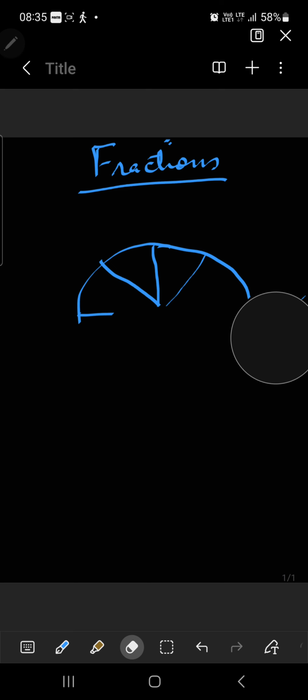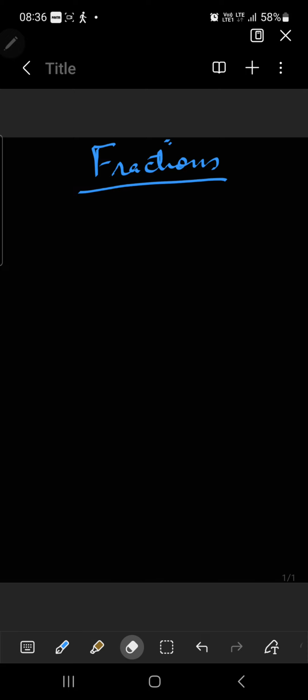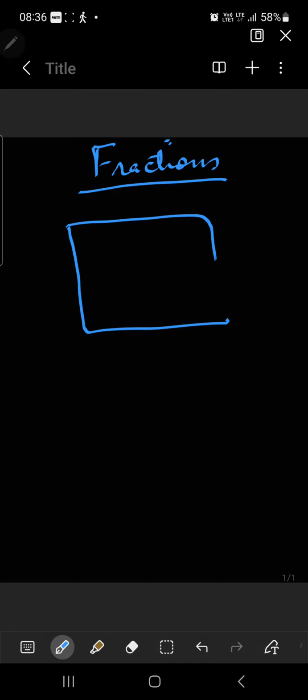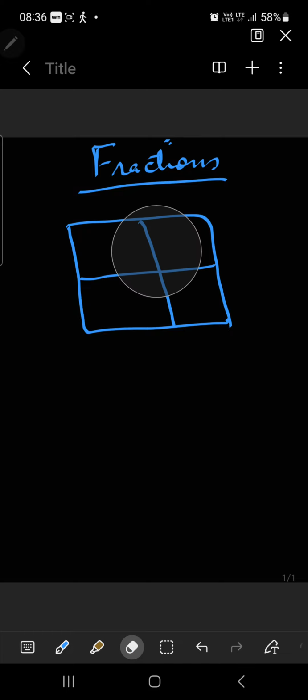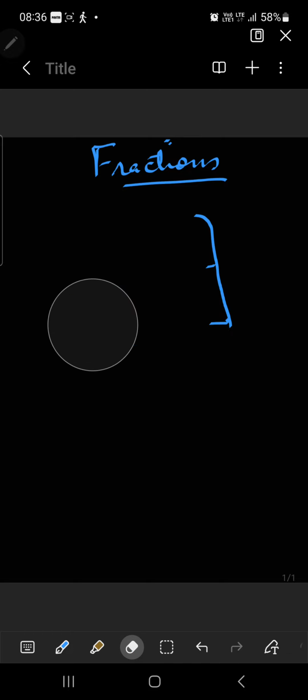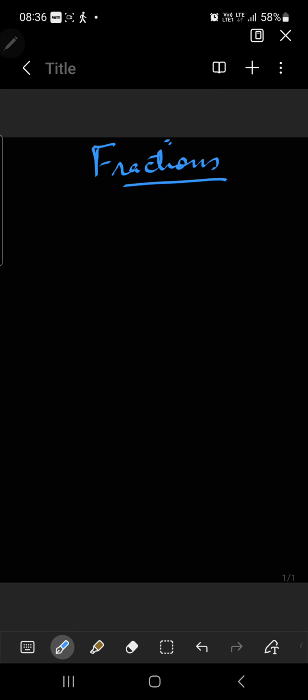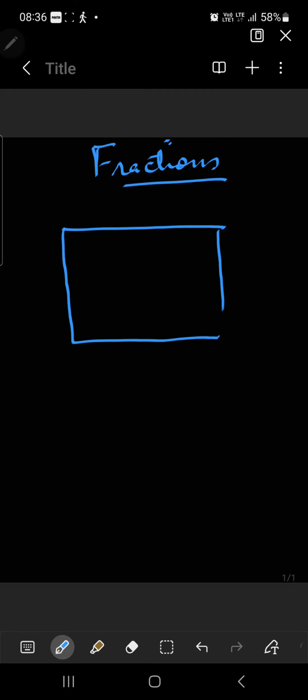Now we will take one more example. Suppose a person has a piece of land and he divides this piece of land. Sorry, the diagram is a bit wrong. We have to divide this land into 4 equal parts like this. 1, 2, 3, 4.